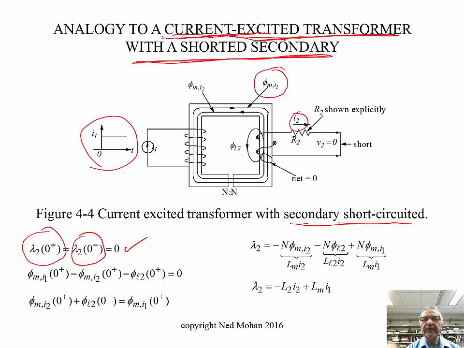Okay, and due to this I2, there are two types of fluxes. One is a magnetic flux in the core, phi sub m of I2, and then there's a leakage flux here. Okay, so you see that the sum of all these fluxes, the net, should be 0 in order to keep this flux linkage at t equal to 0 plus to remain 0.